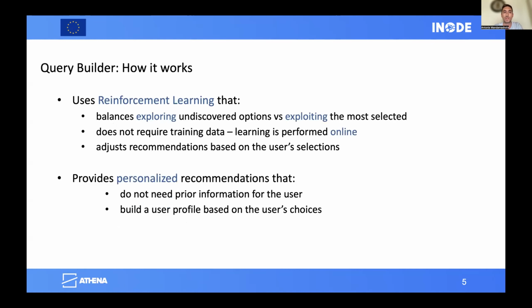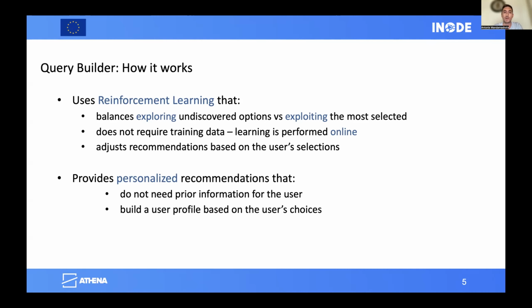So how does Query Builder work? It uses a reinforcement learning method that basically tries to balance exploring undiscovered options, meaning tables and attributes that have not been recommended so often, versus exploiting the most popular options. This method does not require any training data at all, as learning is performed in an online manner.